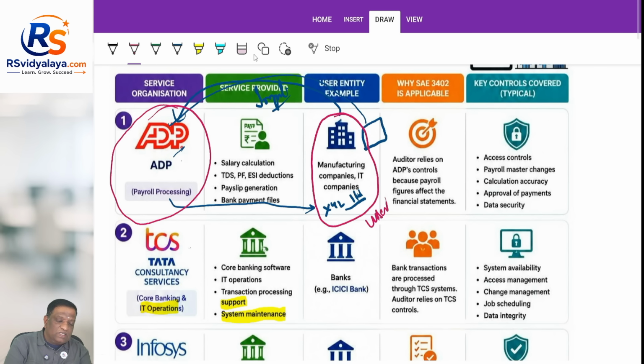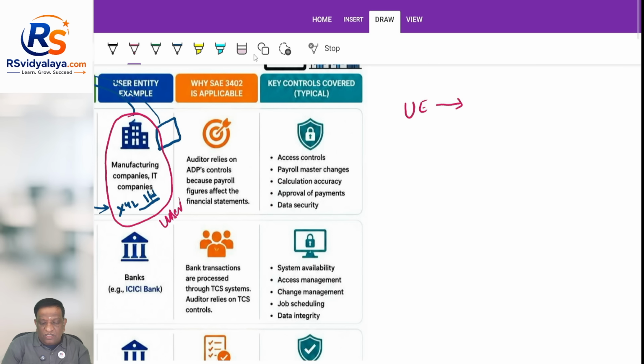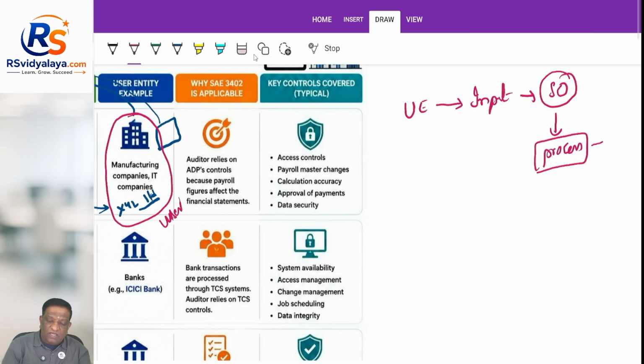The user entity will provide the input to the service organization. Then the service organization processes it. But how do they process it? Based on the instructions given by the user entity.